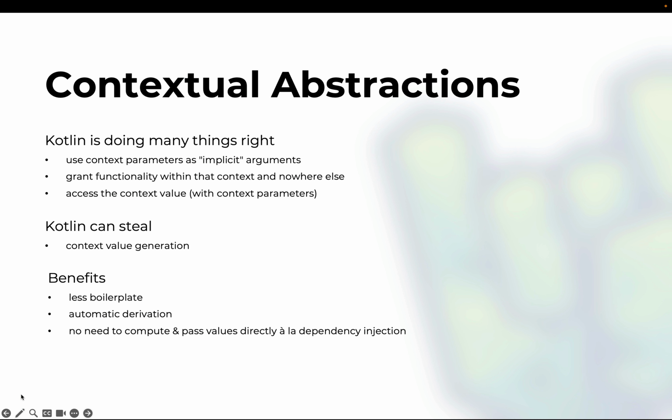And what Kotlin can quote-unquote steal from Scala is this context value generation, which Scala does beautifully, for less boilerplate and automatic synthesis of new context instances, and the ability for the compiler to pass those things automatically. Now, honestly, I doubt that Kotlin will take this from Scala, and this will continue to give Scala an advantage in abstraction power over Kotlin, in my estimation.